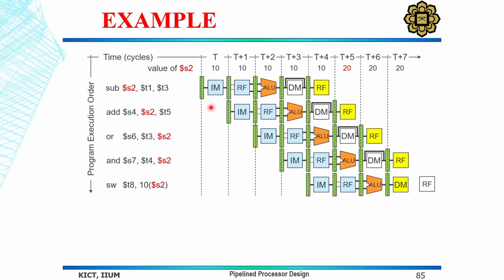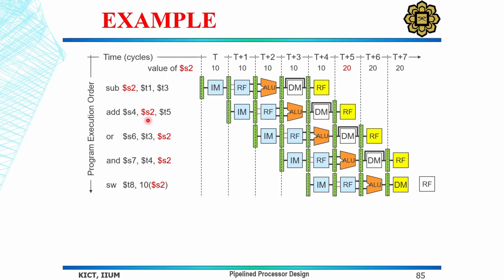For the first instruction, the result of $S2 will only be obtained in the T plus 4 cycle, because when the subtraction is computed, it will write to the register in this cycle. So $S2 will be available at T plus 4. For the second instruction, the result from instruction 1 is required in T plus 2.